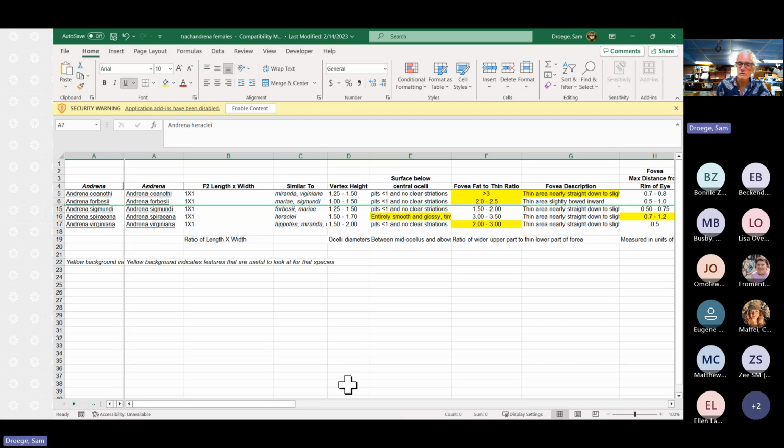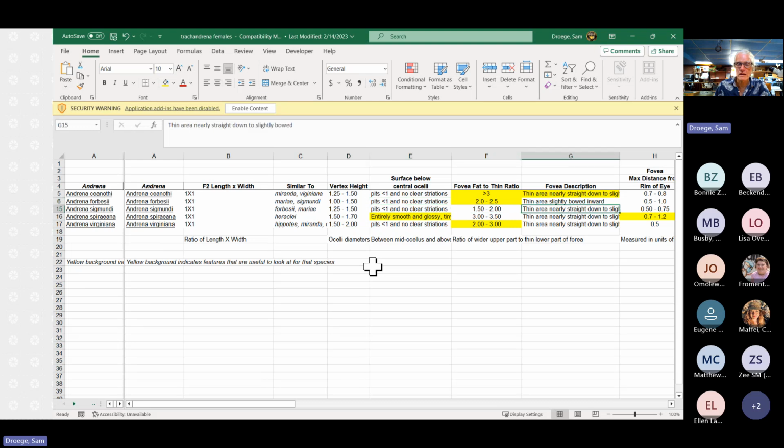You go through and say, oh, this does not have that character, so I'm going to hide that row, and keep going until, through process of elimination, you're down to whatever you want to look at. Or you can play around like this: for Forbesii versus Sigmundi, let's look at these two and go back and forth.